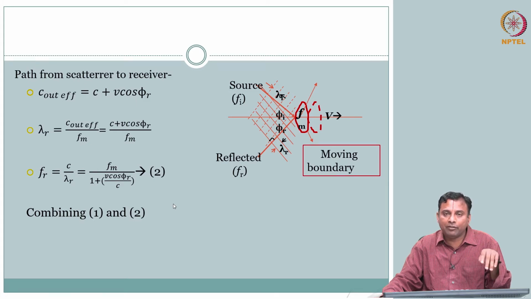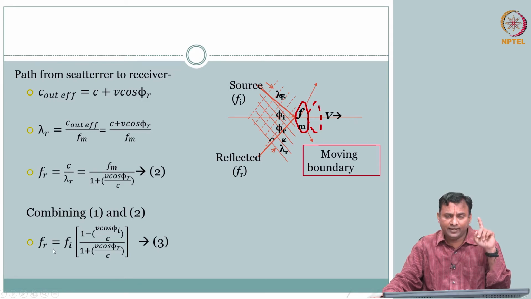you can eliminate fm and relate fi and fr. So fr is equal to, which is our objective. In fact, this is not our objective. The objective is we have to get to fi minus fr, but at least we are now in terms of fi and fr. This intermediate frequency is gone. So fr is equal to fi times this guy. So quickly, what we need to do is, this is good, but then you have 1 minus by 1 plus a fraction.